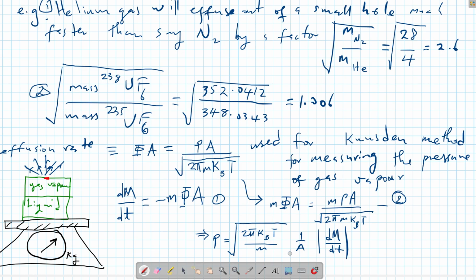So the right hand side of this equation can be measured in the laboratory, so we can compute the pressure, right? So this is another application of gas molecular effusion, right? So this is point H. Point H, we have talked about molecular effusion.